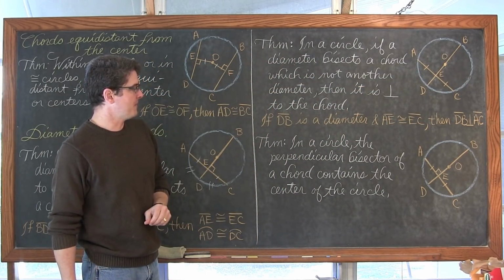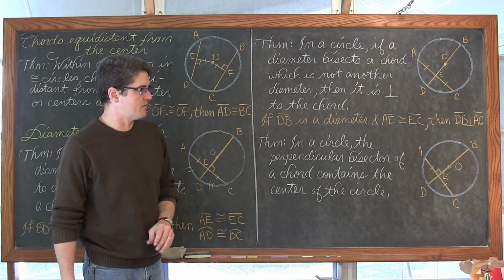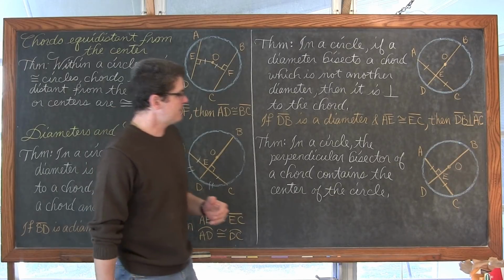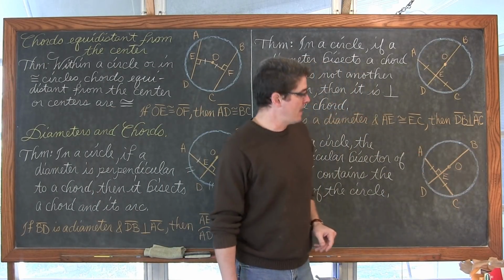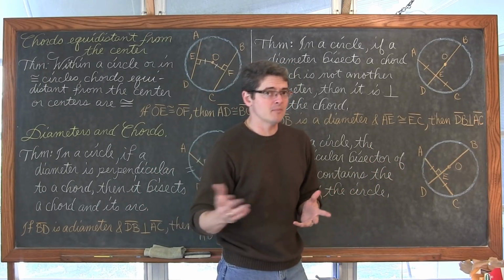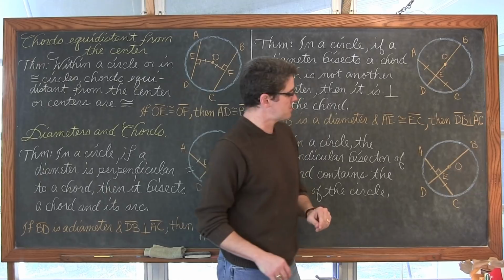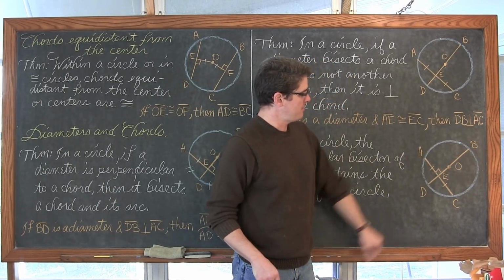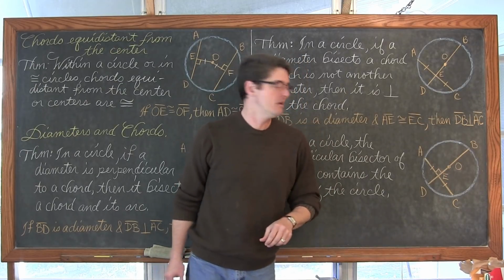In a circle, the perpendicular bisector of a chord contains the center of the circle. So in this case, if I say that we have a chord AC, and then we have another chord, I'm not calling it a diameter, but I have another chord DB, and I notice that that chord is a perpendicular bisector of this chord, then it is going to contain the center.